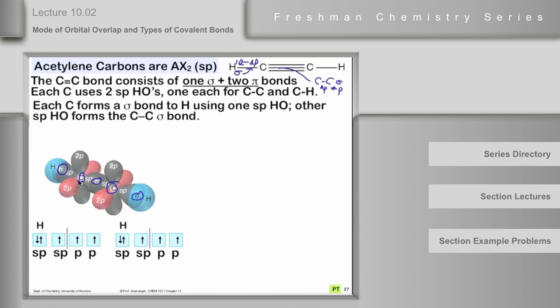this carbon forms a bond to hydrogen. So this is a sigma bond to hydrogen right there. And it uses its other sp to form the sigma bond to the other carbon. Okay, so we have CH bond, sigma, and a carbon-carbon sigma bond.